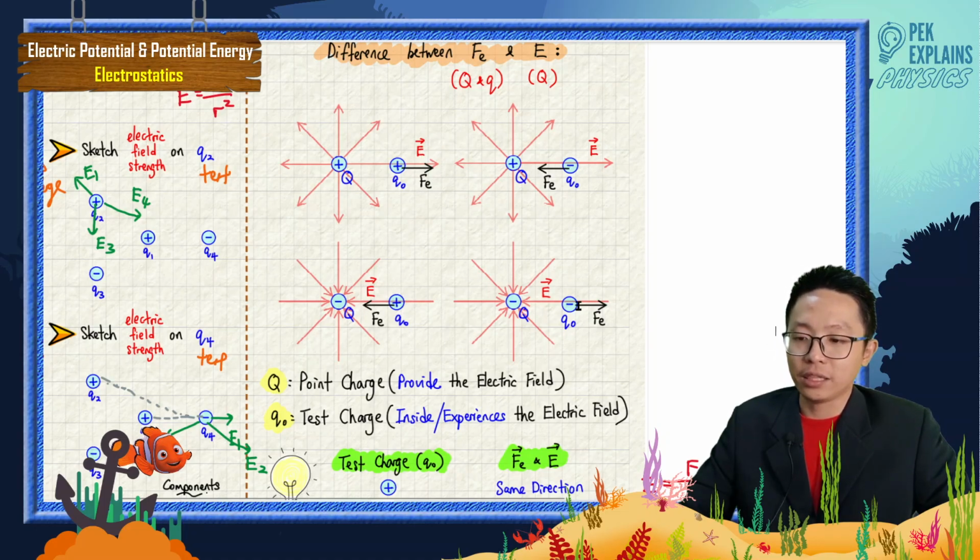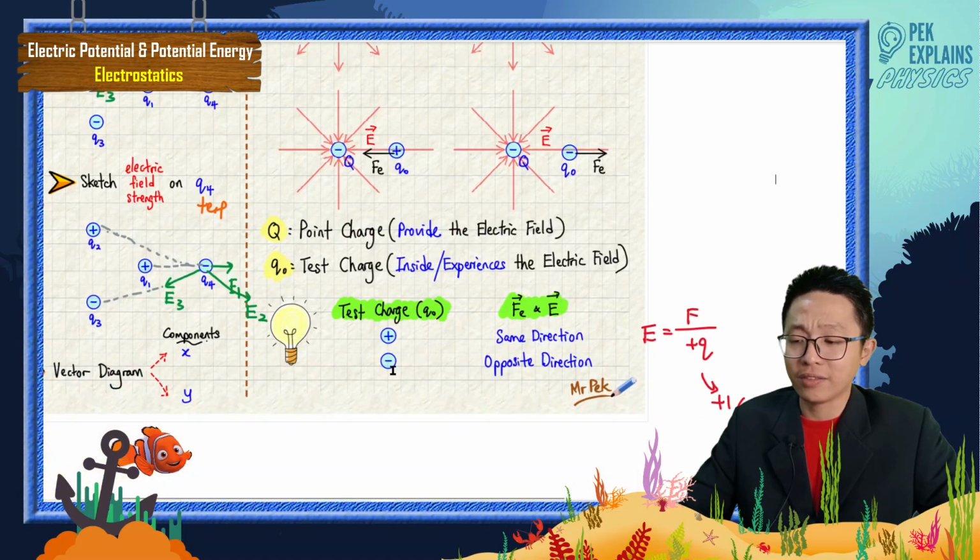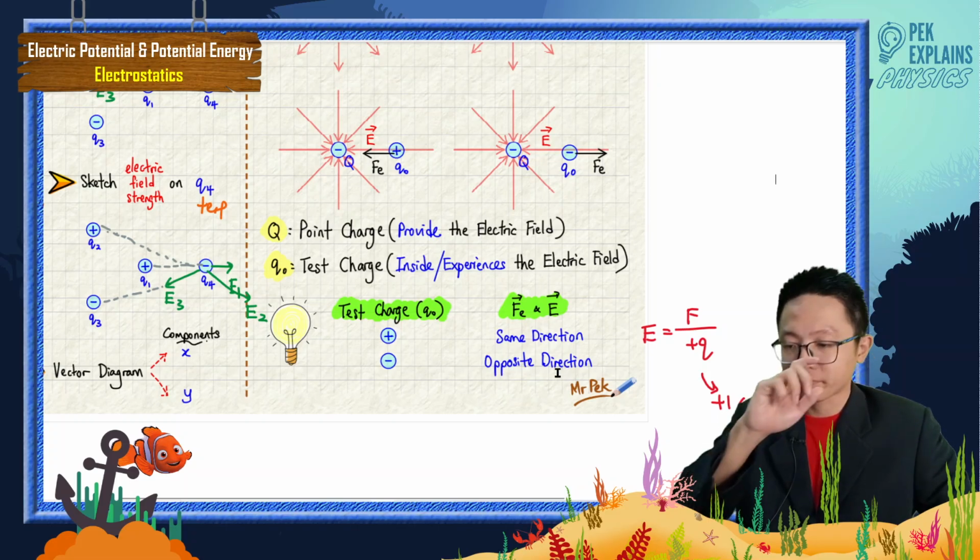But if it is a negative test charge, the electric field and the force have opposite directions. Do you see that?